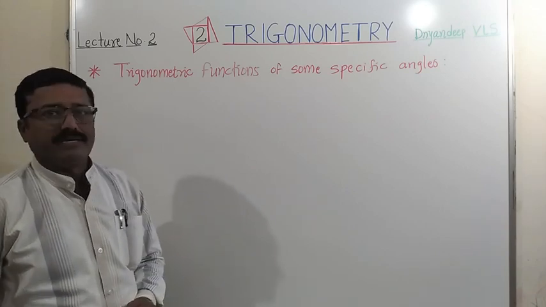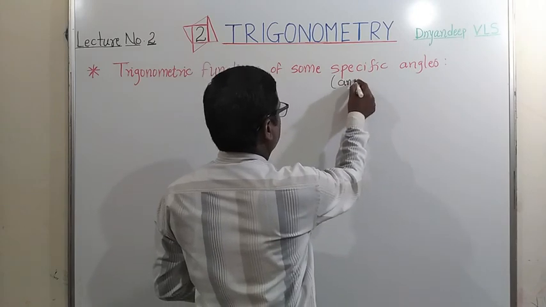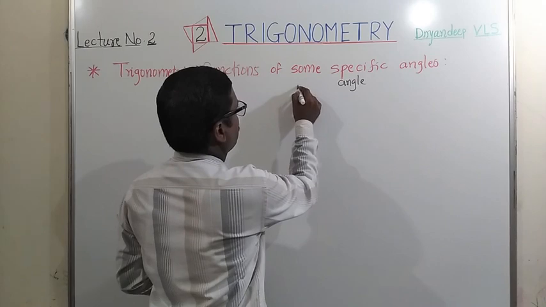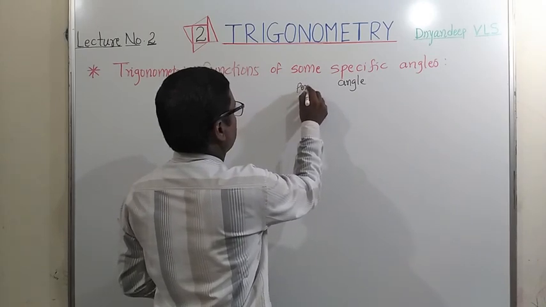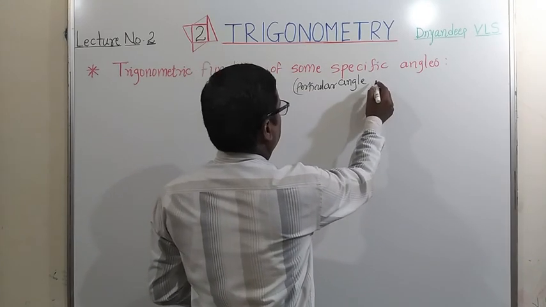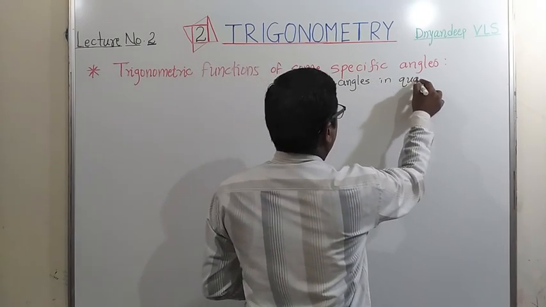Here, specific angles is nothing but some particular angles in quadrants.